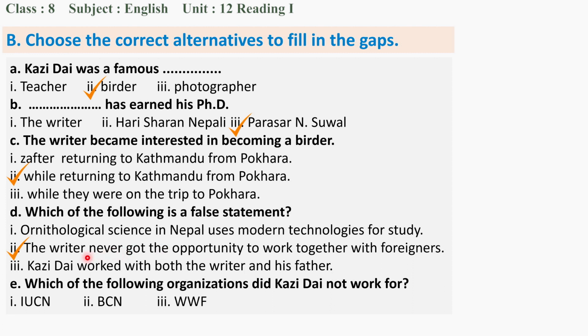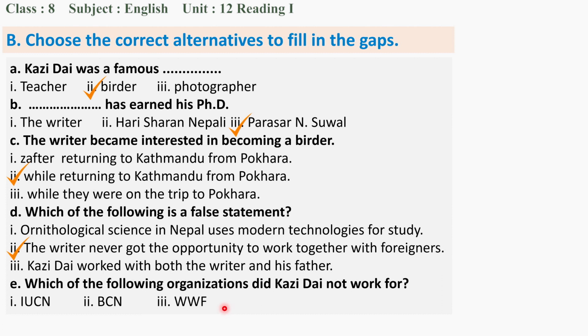So this is false. And let's see E, which of the following organizations did Kajidai not work for? If you read the text, you are given IUCN, BCN, WWF. In which organization did Kajidai not work? Have you guessed? Have a look.